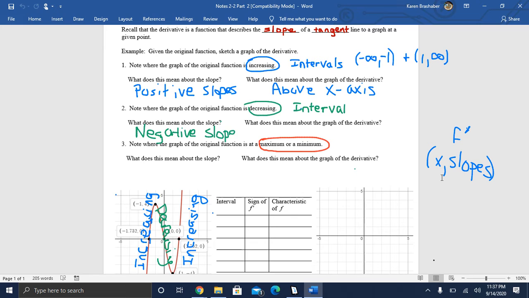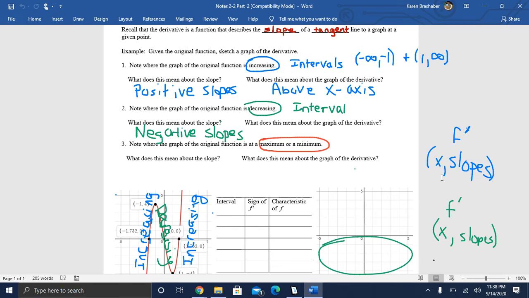Remember that negative lines would fall as you look at them from left to right. So negative slopes. And so if we were to graph f prime here, again with the x's from our interval and the slopes, when the slopes are negative, then they're going to occur below the x-axis.